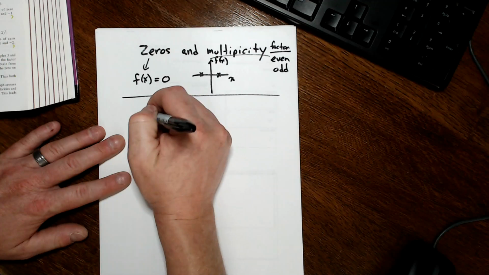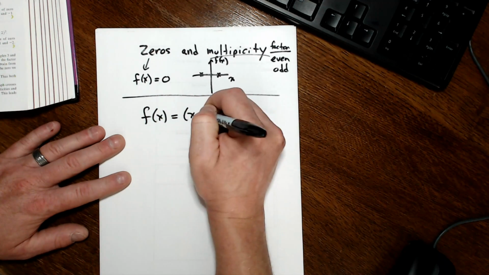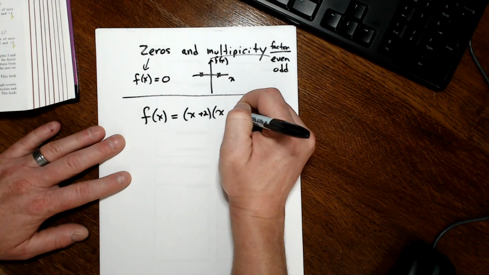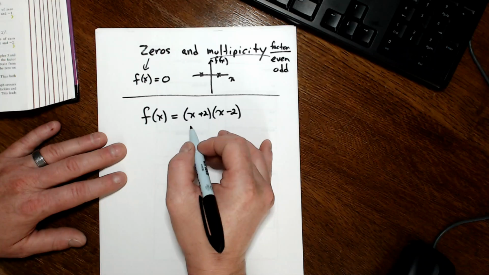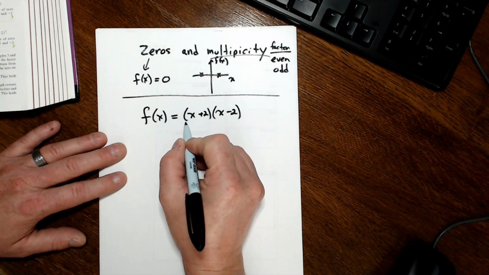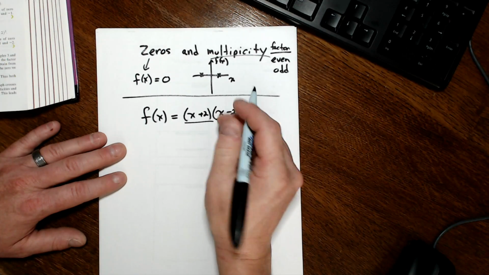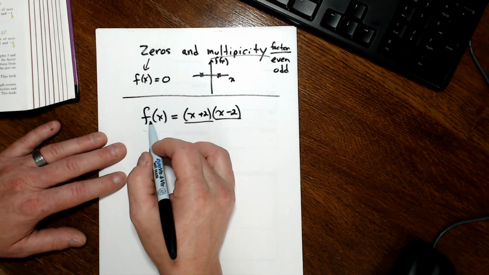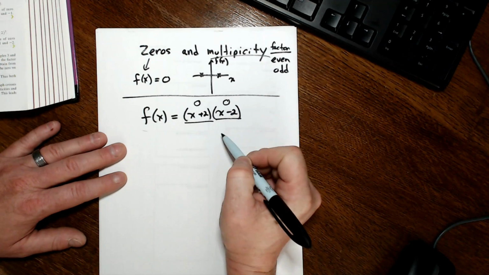Let's take a look at this function. F of x is equal to (x plus 2)(x minus 2). When it's factored out like this, we know that we have a 0 here and a 0 here. In other words, in order to make the function equal to 0, either this factor is 0 or this factor is 0.